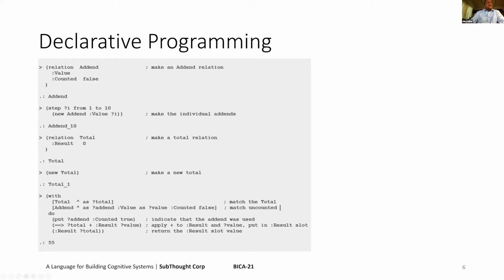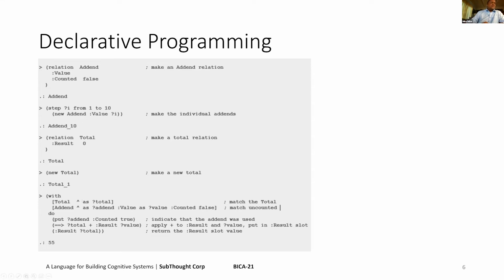Then we create a relation total where the only slot is result, and then we can create a new total. And then finally, we run a pattern over the knowledge base, over the relation.